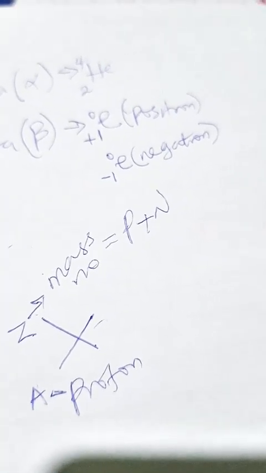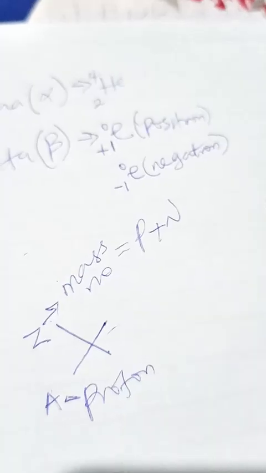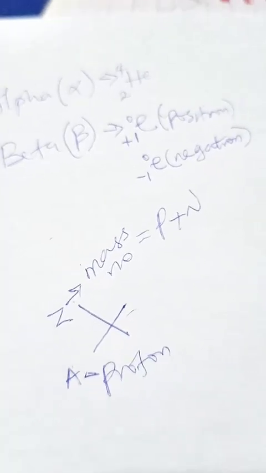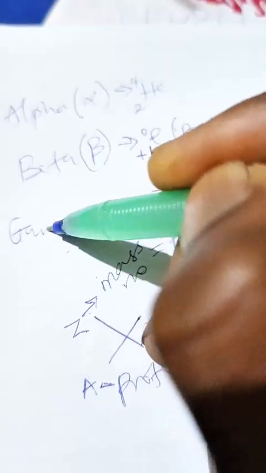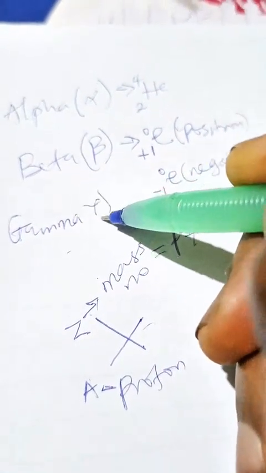Now having said that, the next thing we talk about is the gamma particle. For gamma rays, you remember we said it's not a particle. The symbol for gamma is like this.